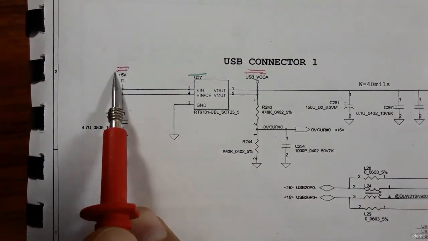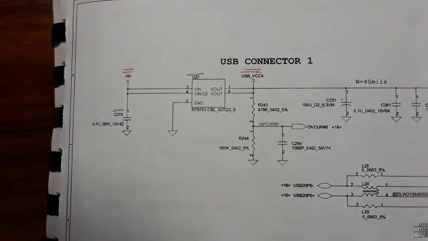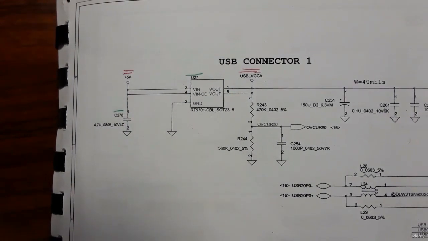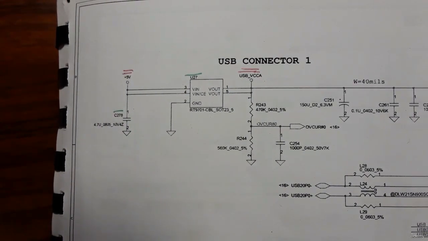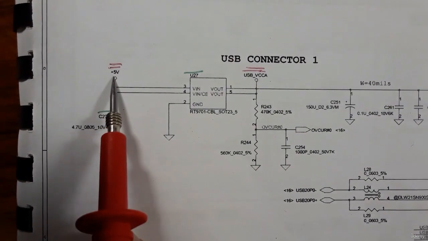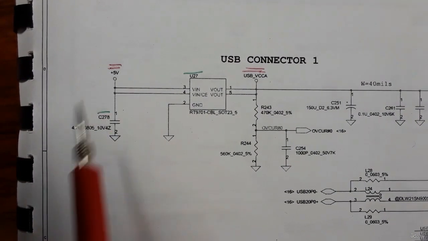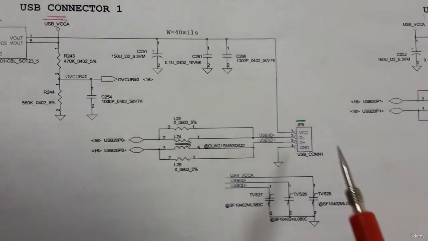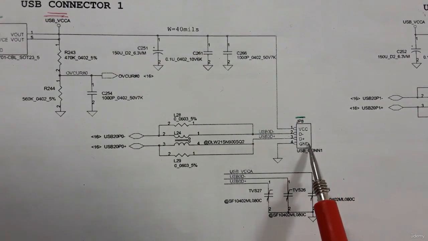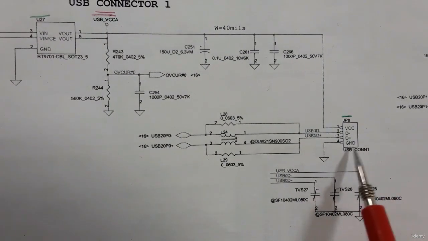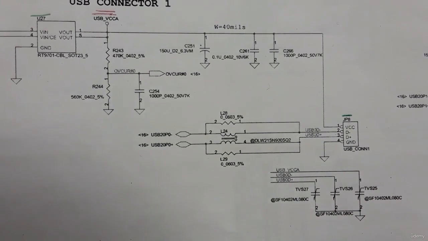Normally we get from the motherboard, I can see from the 3 volt and 5 volt system power, this voltage plus 5 volt. But the USB is a sensitive port. Why is it a sensitive port?